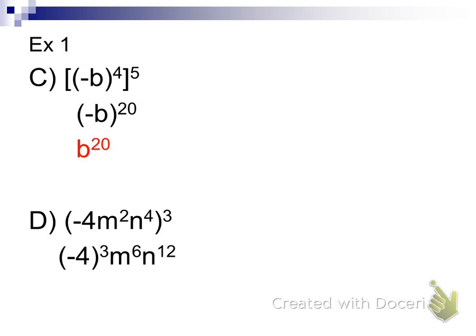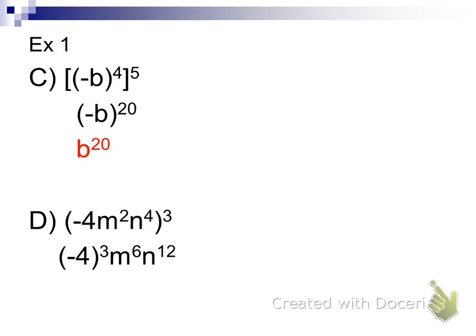Okay, so when you have a problem like this where there's a bunch of stuff inside parentheses being taken to an exponent, I want you to break it down. You take each piece to that exponent. So this is like negative 4 to the third, m to the second to the third, n to the fourth to the third.